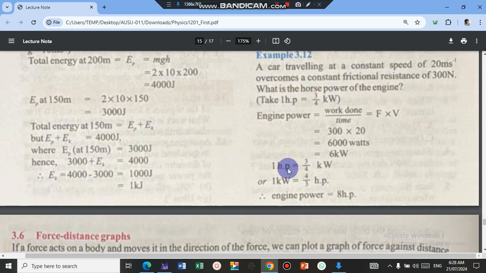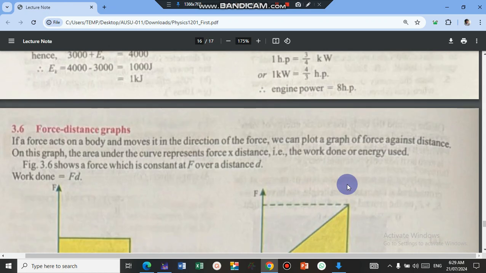This fraction appears here, the reciprocal of it, 4 over 3. And now this 4 over 3, multiply it by 6. 4 times 6 will be 24, and then 24 divided by 3 will give us 8. So the engine power is 8 horsepower.